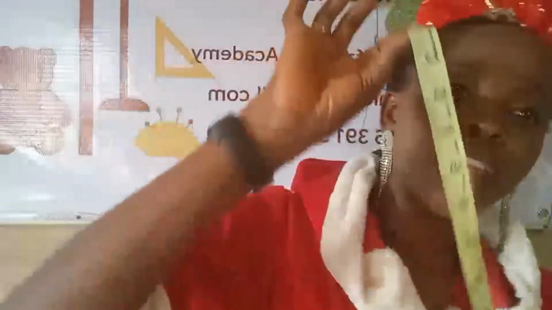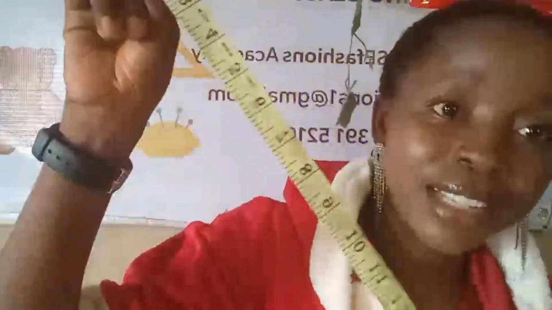On your tape measure, if you're working with the inches side, just stick to the inches side. If you're working with the centimeter side, stick with the centimeter. So let's say the case study of 30 inches, which is 76 cm. But I'm going to be working with inches.